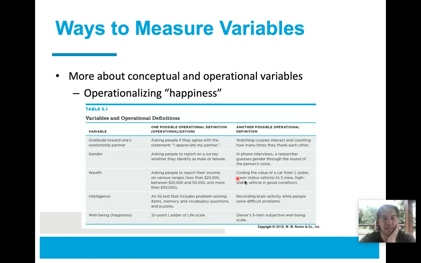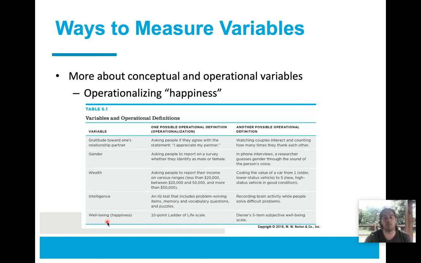So we can see that there might be a disconnect between someone's income and the car they drive, right? Someone might make a lot of money, but not value having a really nice car. So they might make $1 million a year, but they have an average car. They've got a really nice Toyota or something. They don't drive a Maserati. So the way we decide to measure something like wealth really matters.